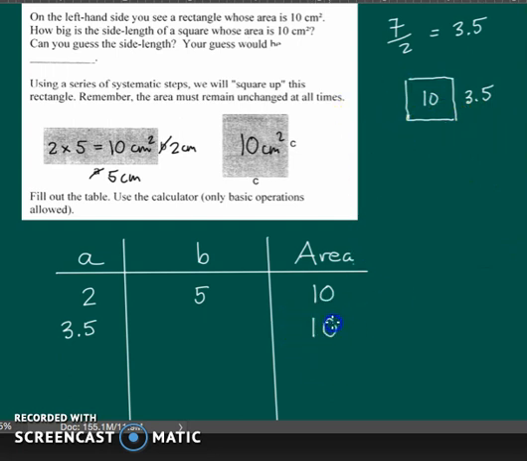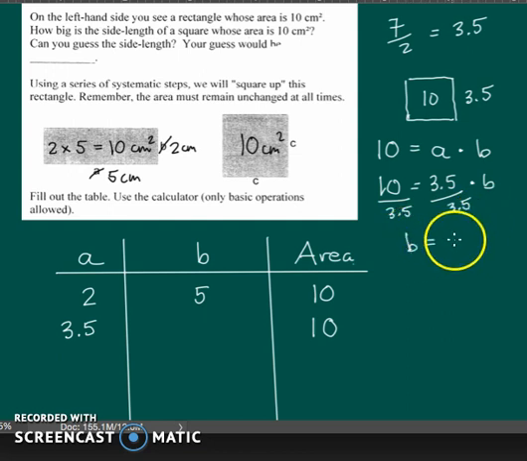So once again, our area here is 10. How do we calculate area? We know that it is made up of multiplying side A by side B. If I am guessing that side A is worth 3.5, what is the value of side B? I will divide both sides by 3.5, and I will find out that B is worth quite a long number.